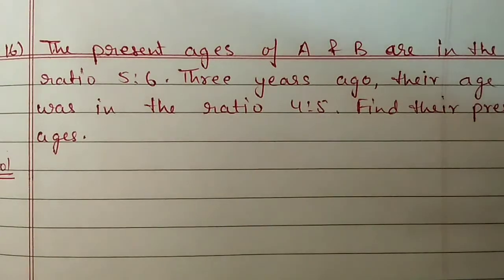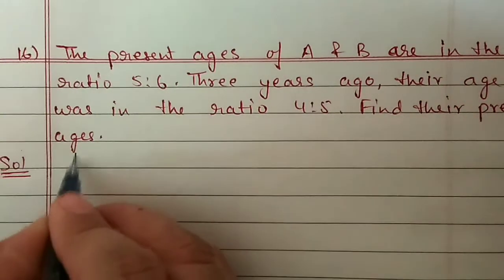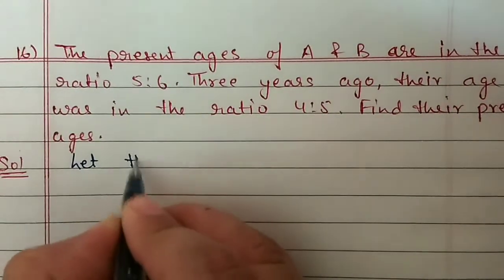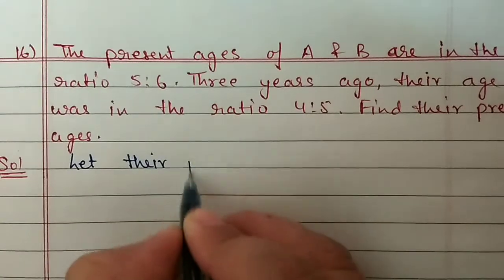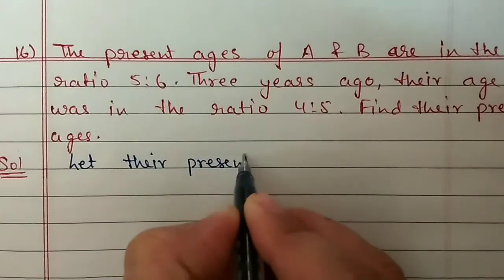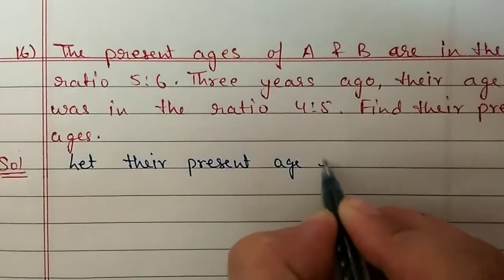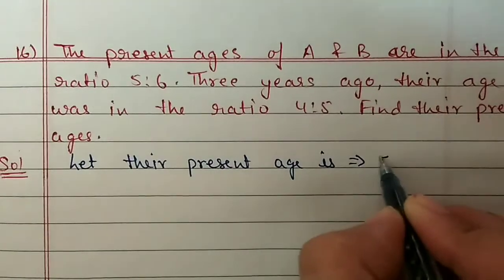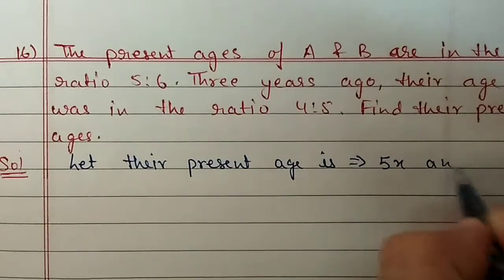Next question number 16. The present age of A and B are in the ratio 5:6. 3 years ago their age was in the ratio 4:5. Find their present age. So we will start. Let their present age is 5x and 6x.